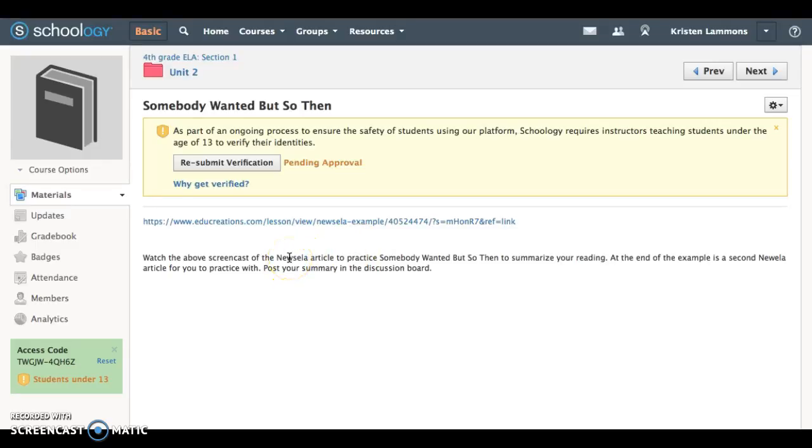And at the end of it, I posted a second News ELA article for them to practice the strategy for summarizing. And they are to post that summary of that article on the discussion board.